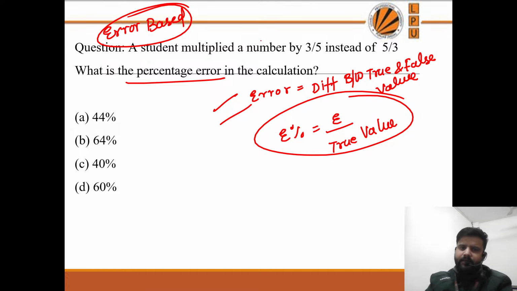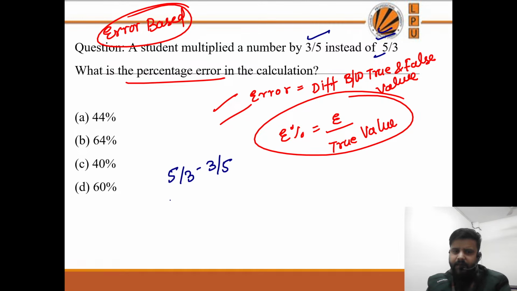See here, you were supposed to multiply a number with 3 by 5, but you multiplied it by 5 by 3, which means this fraction seems bigger, 5 by 3. So error will be 5 by 3 minus 3 by 5. Error percentage will be divided by true value. True value is what?